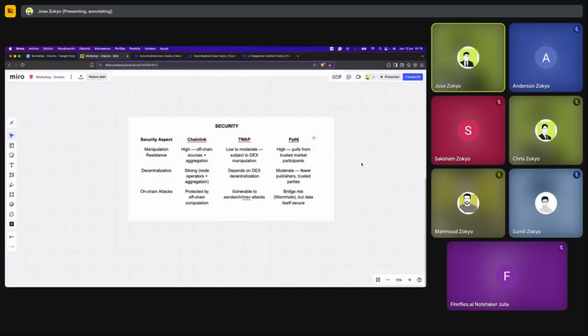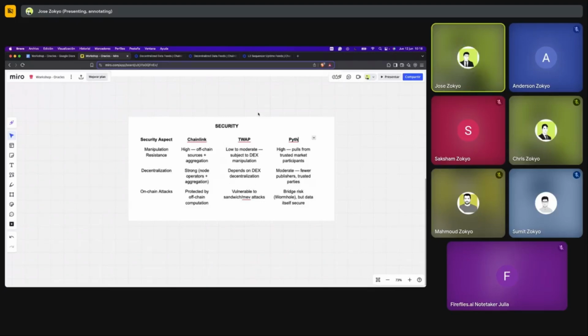So if you want to manipulate the prices, you have to manipulate most of the nodes of this network, which is not something really easy. Then the TWAP depends on different things. For example, the liquidity of the exchange that we are getting the data from, or the time frame, as I just mentioned.